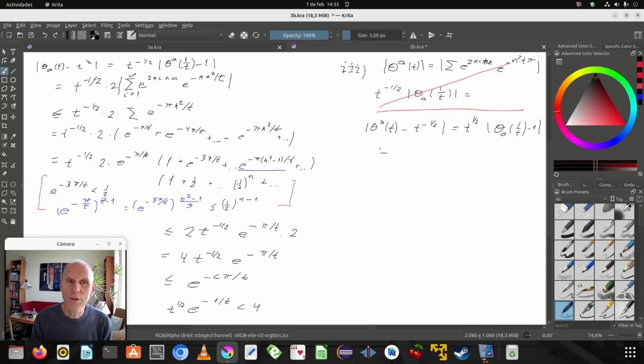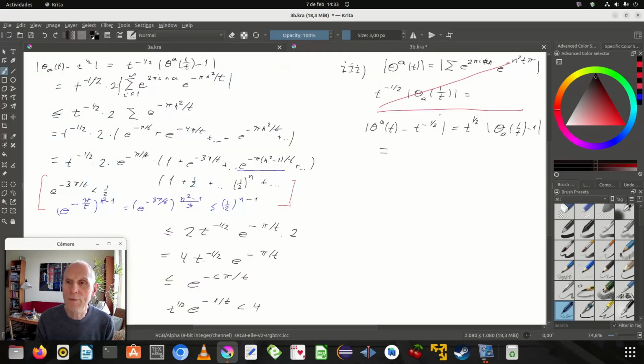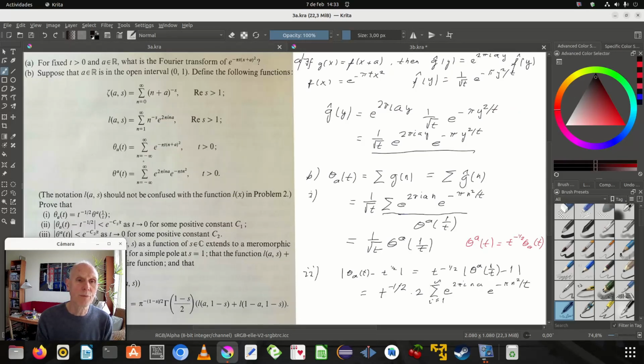And we do the same as the other time. From this sum, we discard, now it was subscript, yes, we discard n equals naught, because that gives the unity, and then we double the rest.